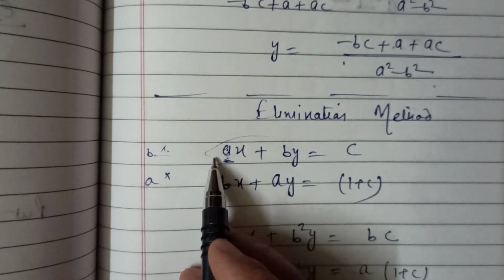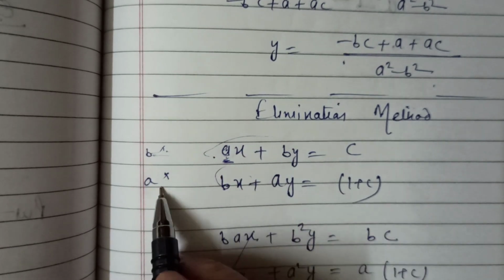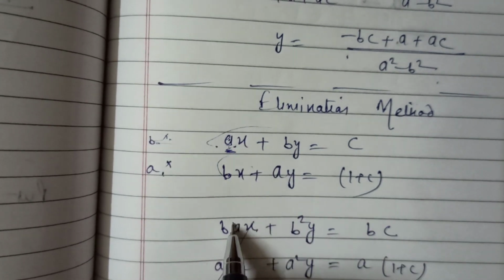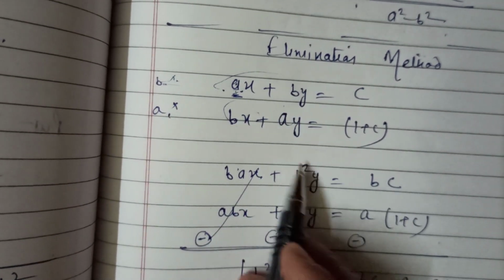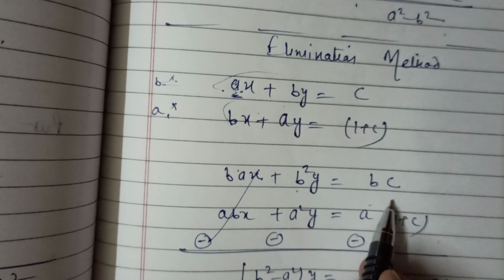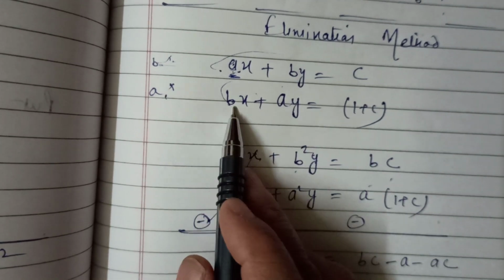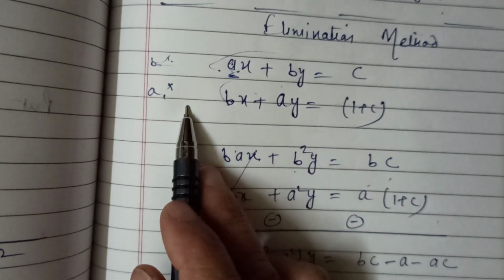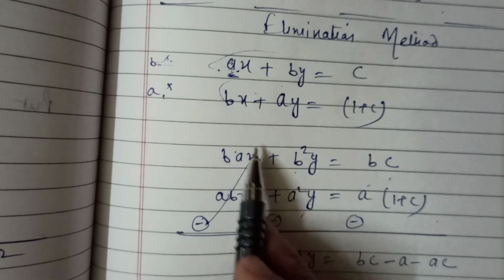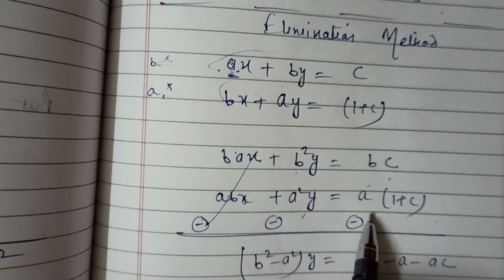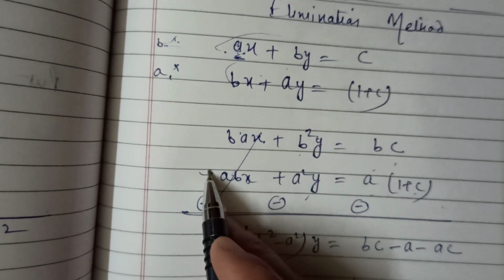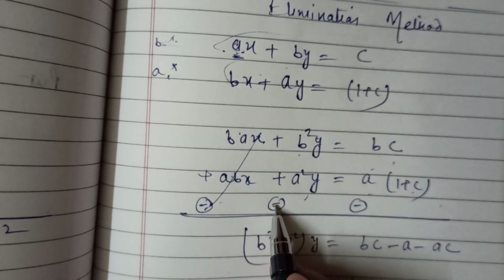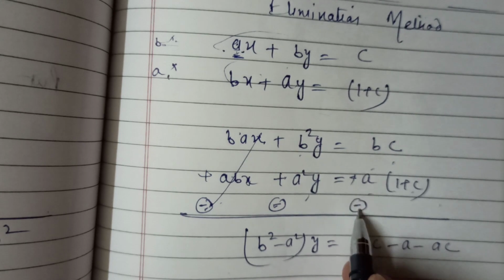This equation multiplied by b, this equation multiplied by a. b into a, bax, b into by, b square y, b into c, bc, a into bx, abx, a into ay, a square y, a into 1 plus c. Now change the sign, plus becomes minus, plus becomes minus.